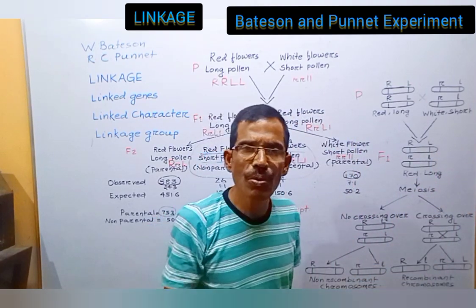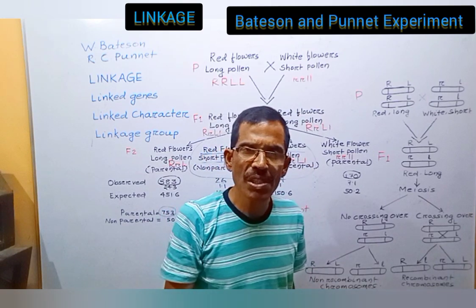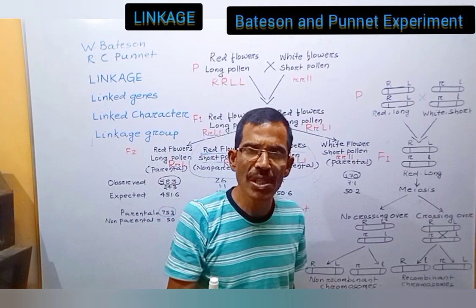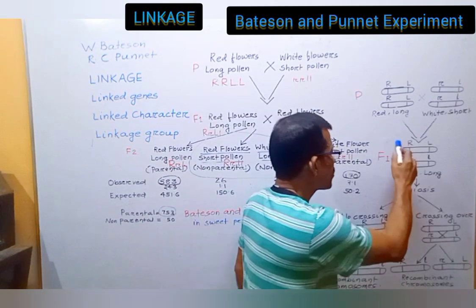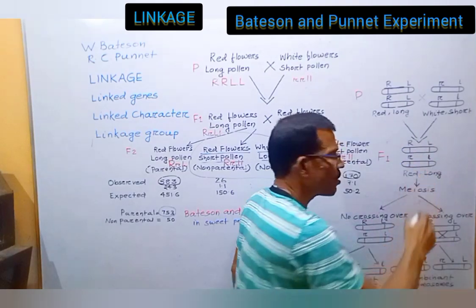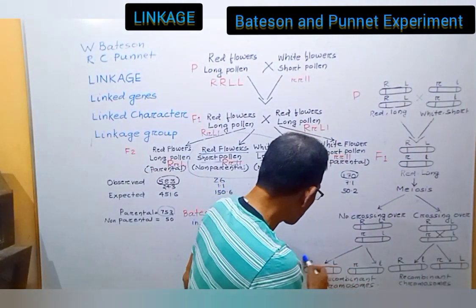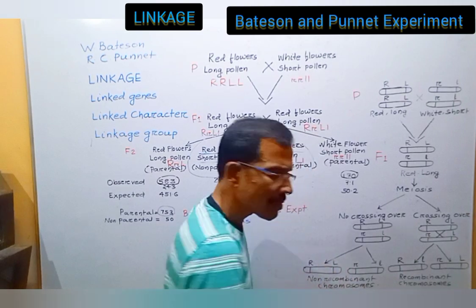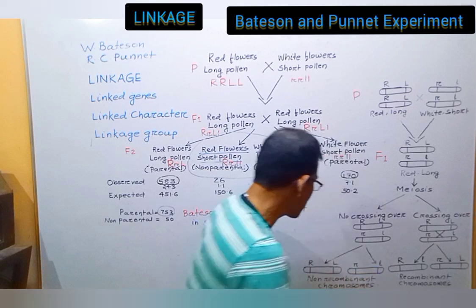Due to the linkage between the genes for flower color and pollen length, we expect the doubly heterozygous F1 plants to produce mainly two types of gametes. One type of gamete will have dominant alleles and the other type will have recessive alleles.